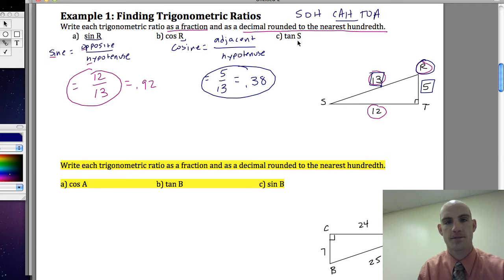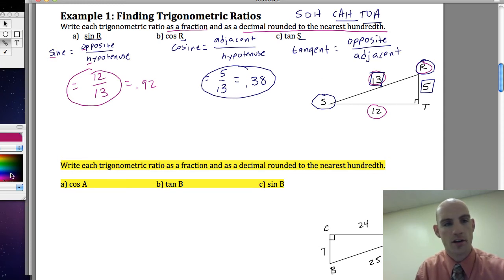Let's do tangent of S. Tangent equals opposite over adjacent. Okay? TOA. So if I've got S, the opposite is 5.